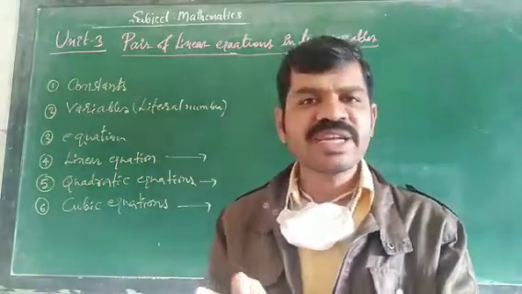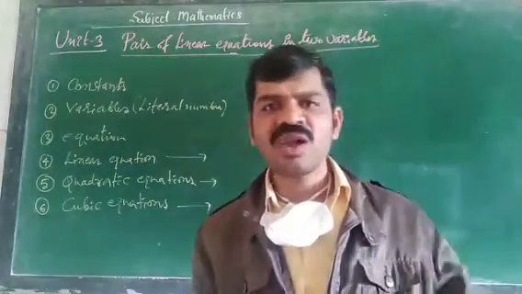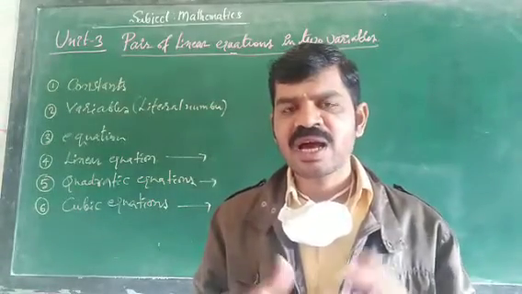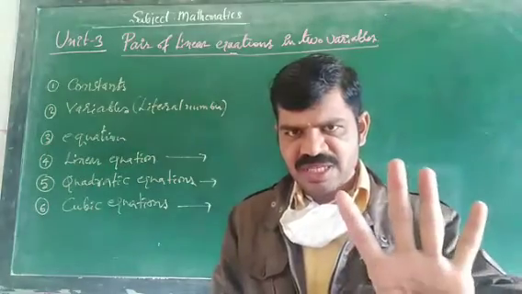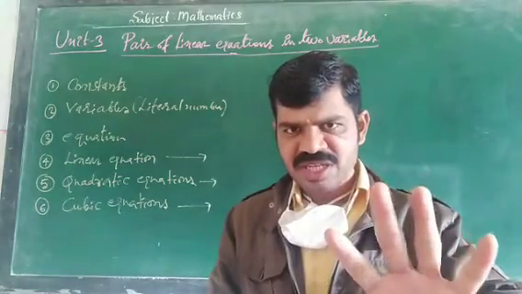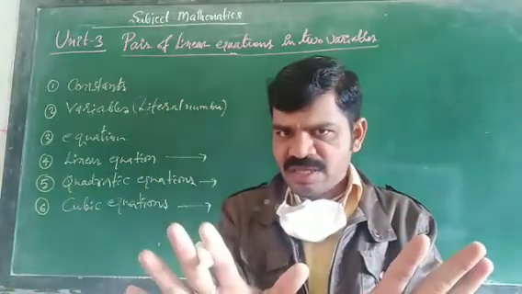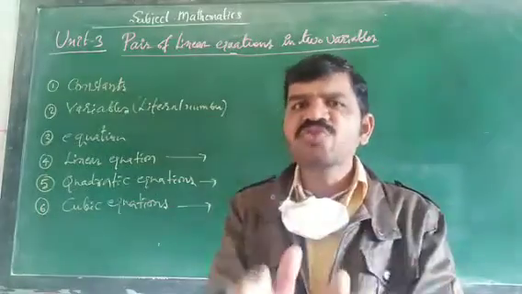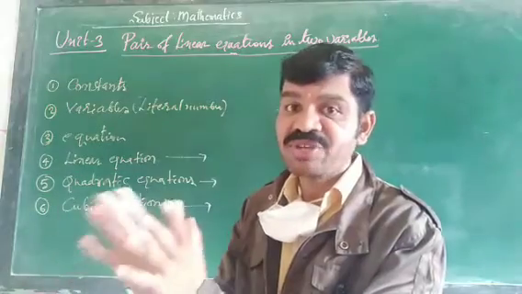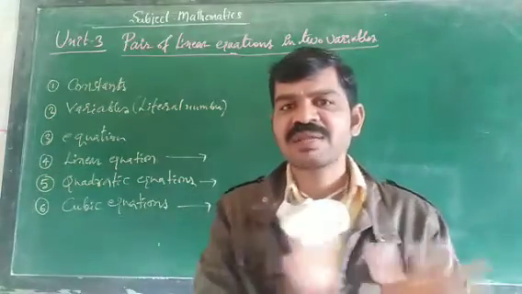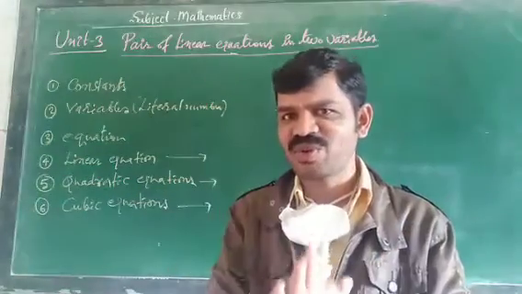In arithmetic, we only deal with the basic operations, plus, minus, multiplication, division, along with numbers. That is arithmetic. In algebra, we use all the basic four operations along with numbers, and along with these we use some English alphabets: A, B, C, D, P, Q, R, S, X, Y, Z. Basic operations, numbers and English alphabets together are called algebra.